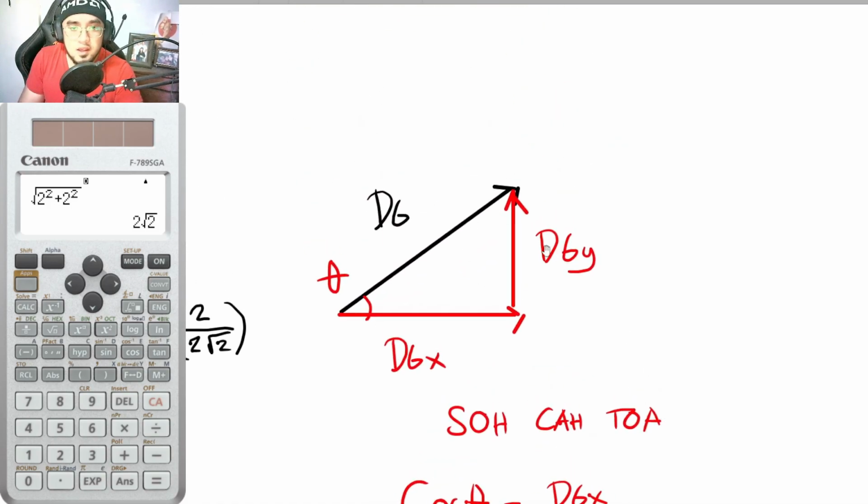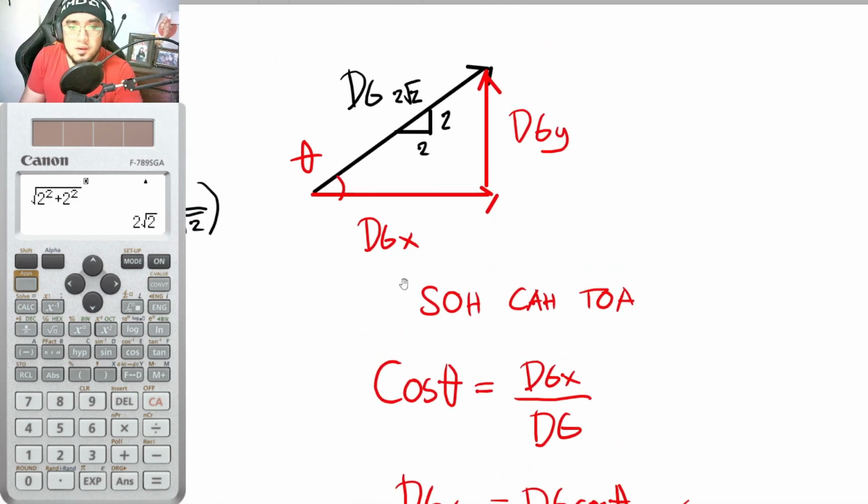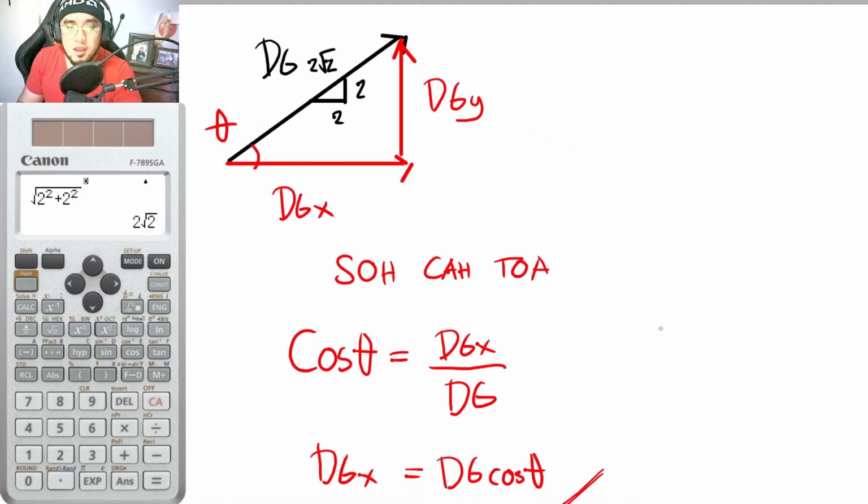Since this one here also has the same slope, the slope here is 2, 2, and 2 square root of 2. So making use of the same rule, SOHCAHTOA, cosine theta is also equal to adjacent divided by hypotenuse.